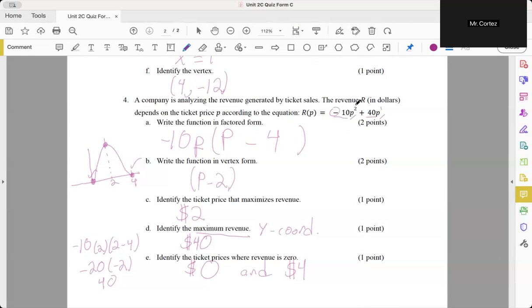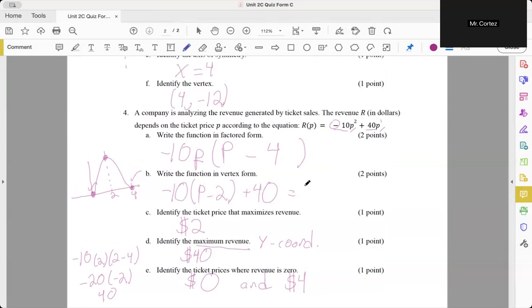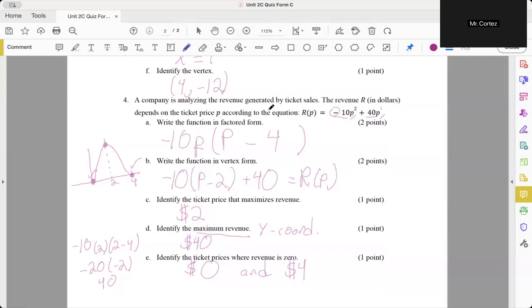Your A term here can be reused as negative 10, and then the y coordinate of your vertex can be pushed into here as plus 40. And giving respect to the original equation, call it R of P. Questions on this last problem, type them out.